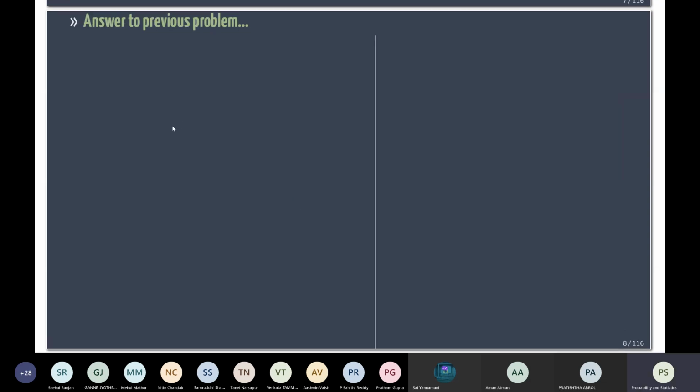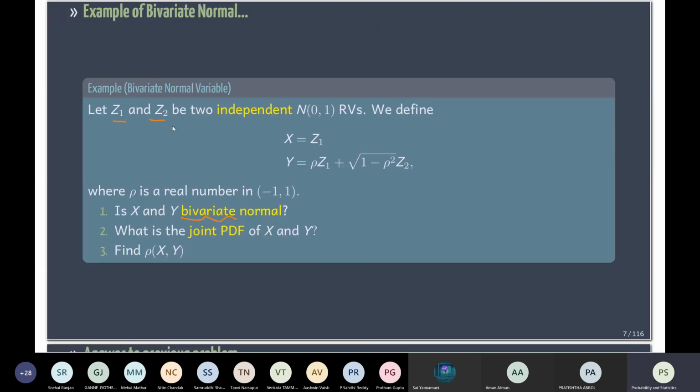First we note that Z1 and Z2 are normal and independent. Since they are independent, we know the joint PDF is the product of the individual PDFs.